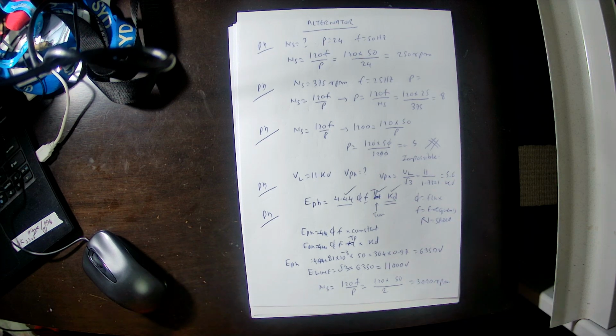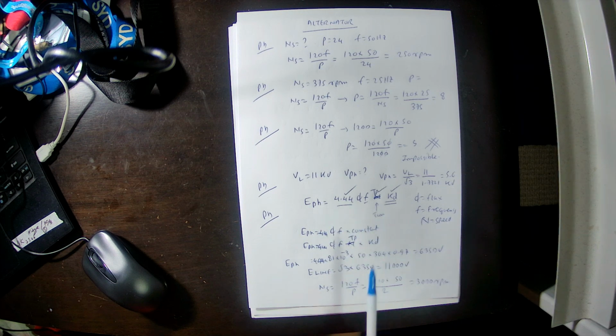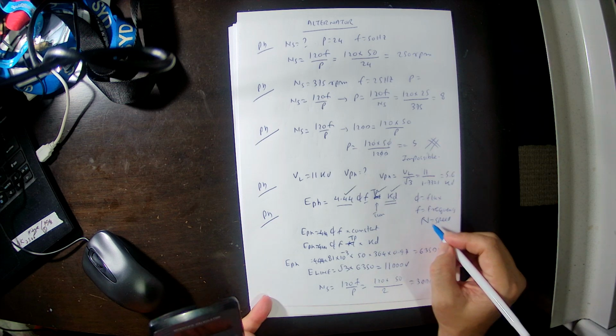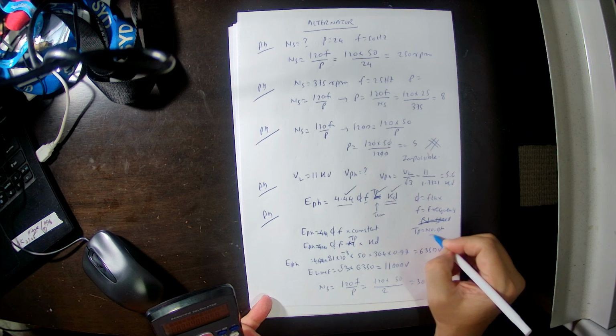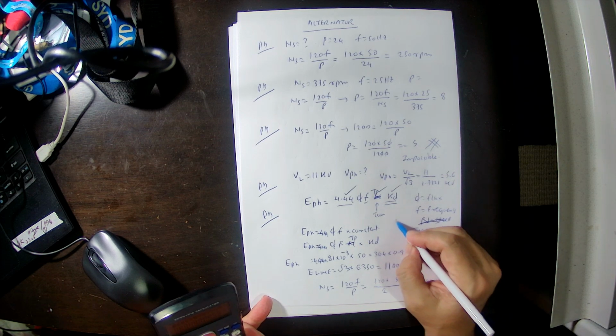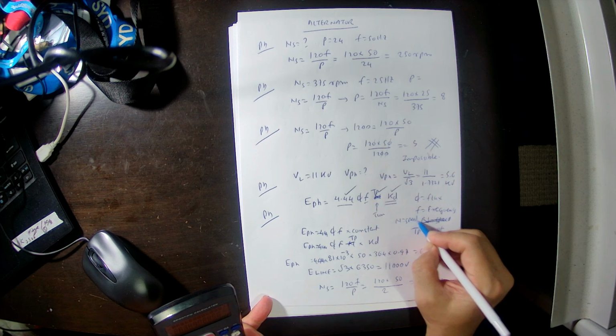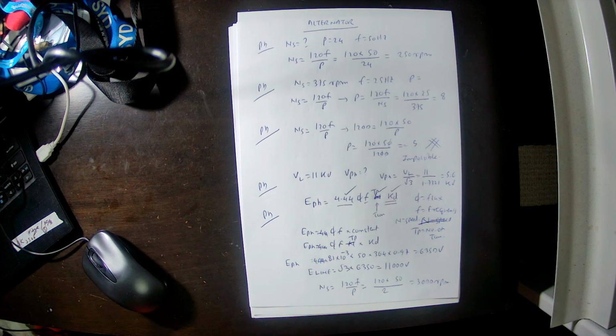So this problem's generator phase voltage can be calculated as 4.44 phi F T_P K_D. In this case, 4.44 is a constant, phi is flux, F is frequency, T_P is number of turns, N is speed, and K_D is the winding constant.